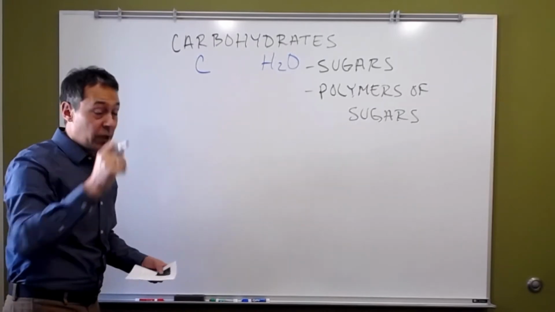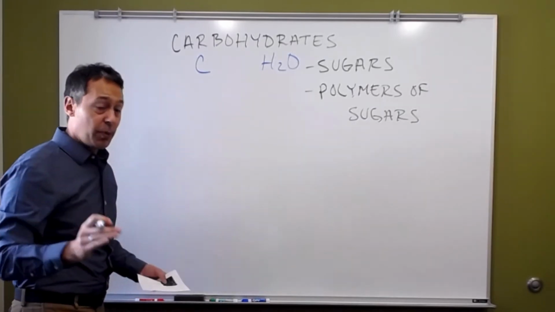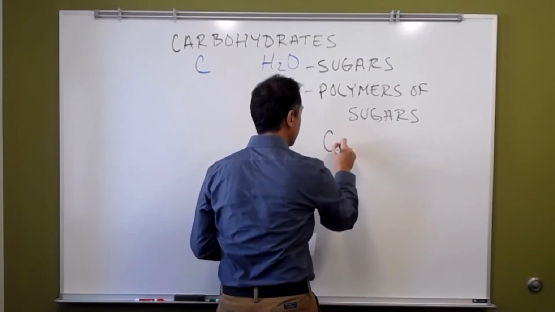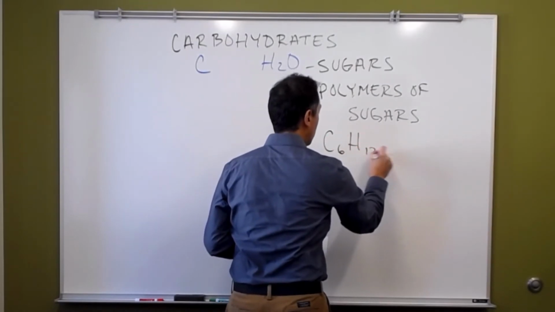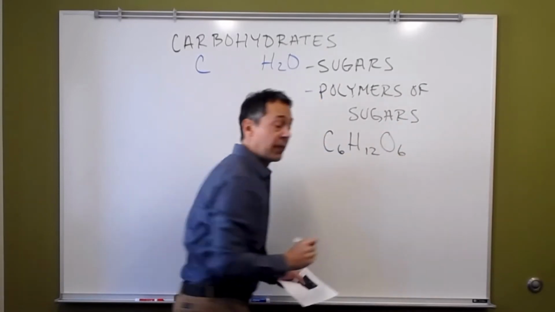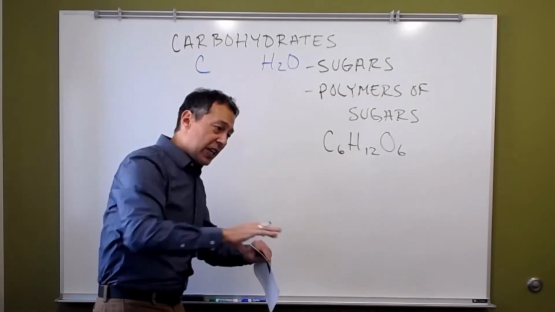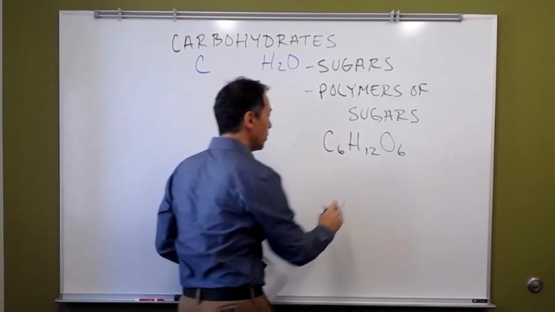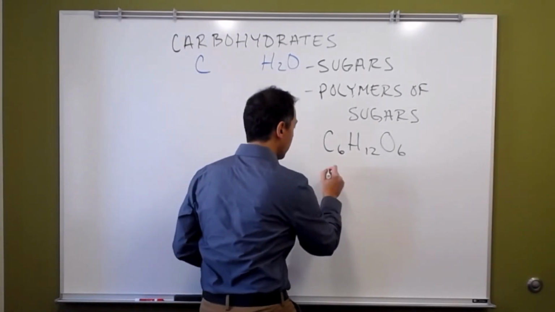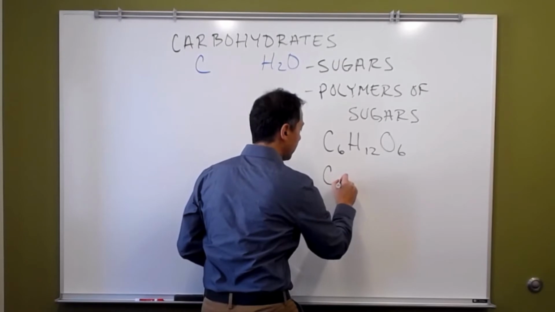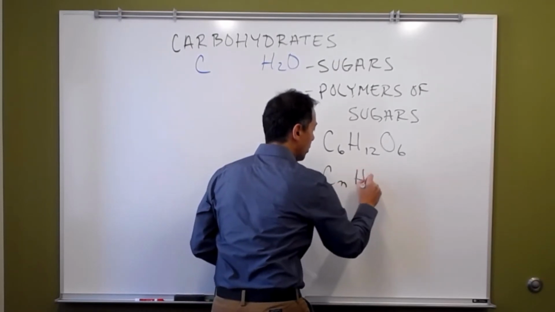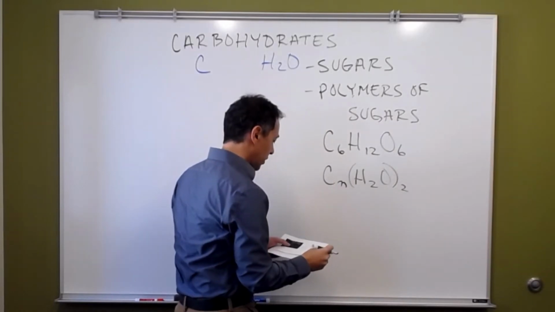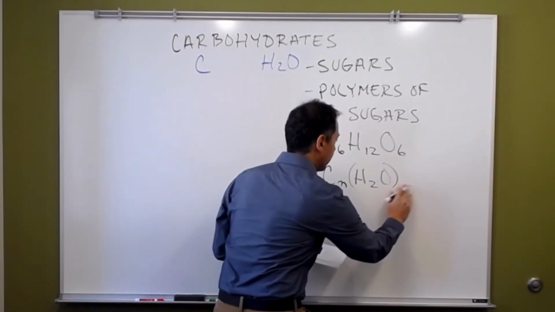And the carbohydrates generally have a formula of C6H12O6. And if we break this down to get the lowest common denominator, you'll see that we end up with carbon and H2O, with N as well.